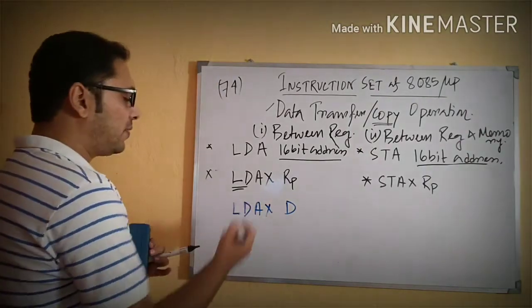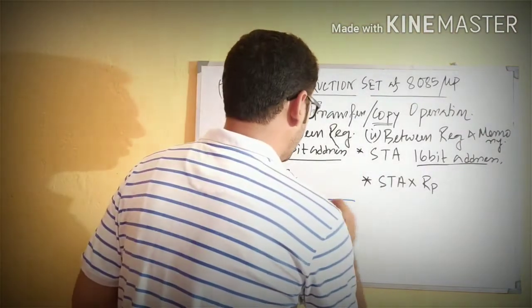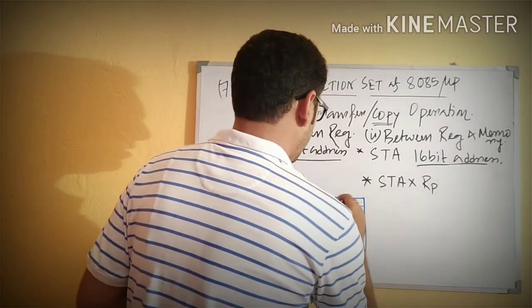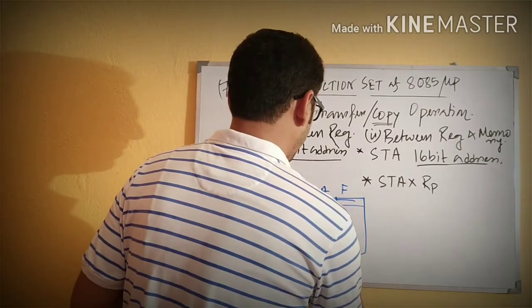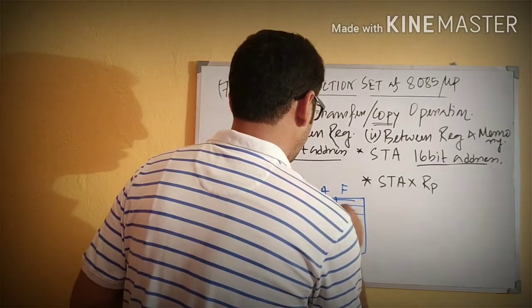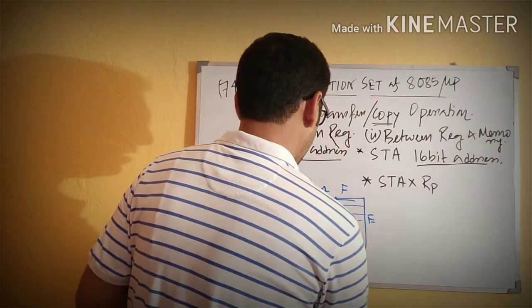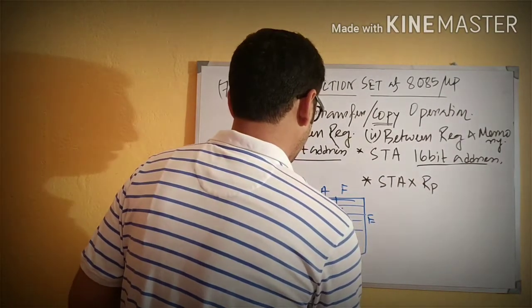If I want to understand this one, once again I need to draw the programming model. So this is the accumulator, this is F, then we have BC, then DE, then HL.